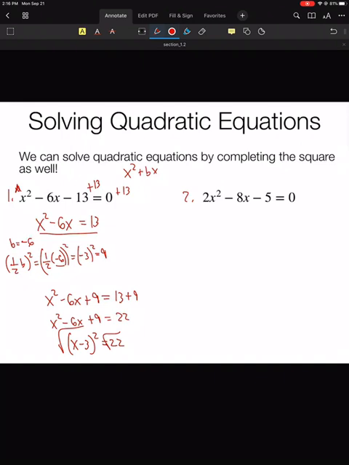So I take the square root of both sides, and when you do that, you get x minus 3 is equal to plus or minus the square root of 22. Can I simplify the square root of 22?